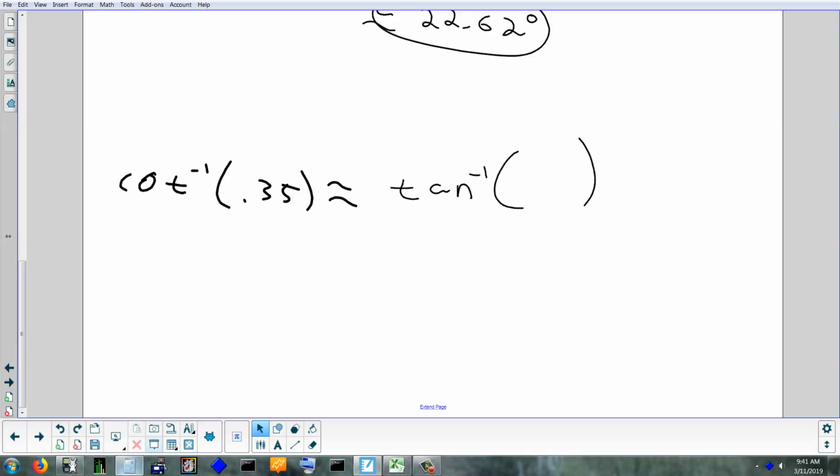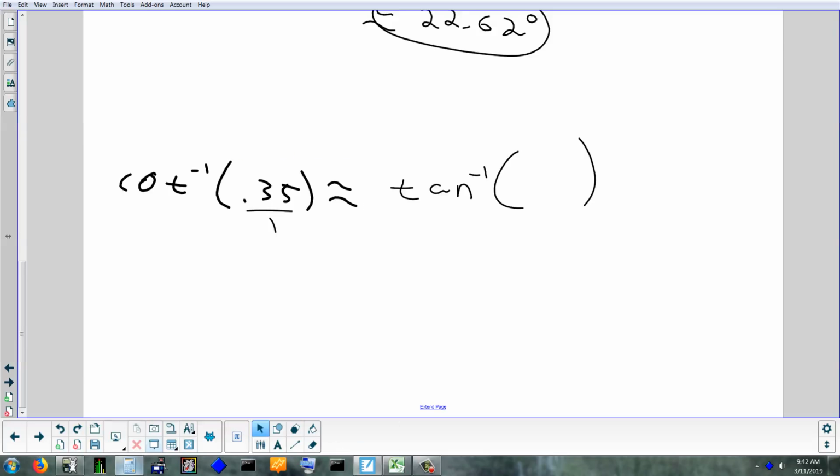So Kyle, what's going to go inside those parentheses? Not sure? Anyone help him out? Well, tell me first, what am I flipping? Don't even tell me what I get. Just tell me what to flip. Yep, the number right in the parentheses, the 0.35. So is that a fraction the way it is right now? No. How could I make it a fraction?